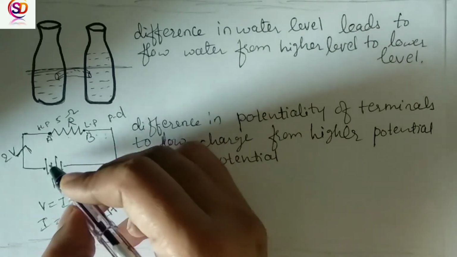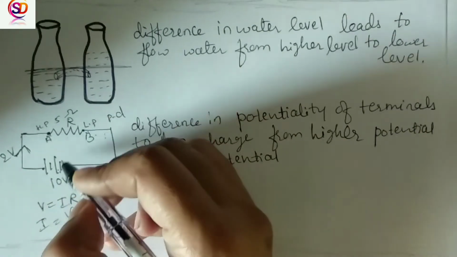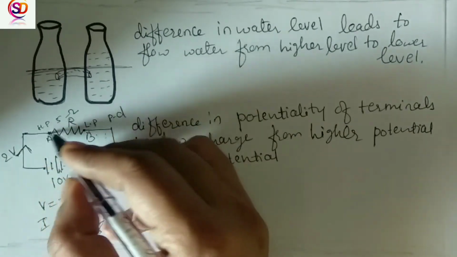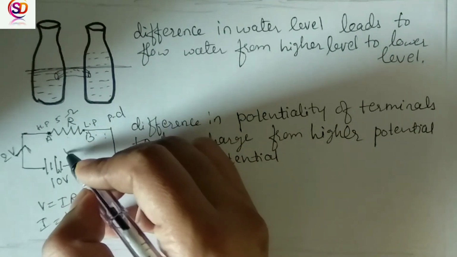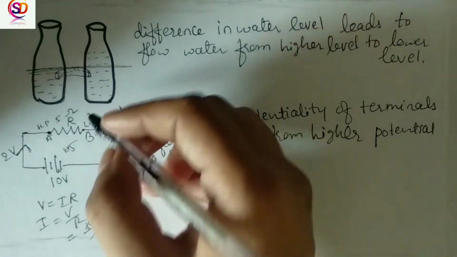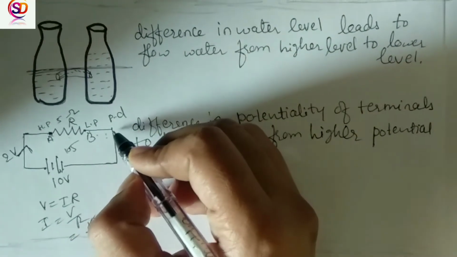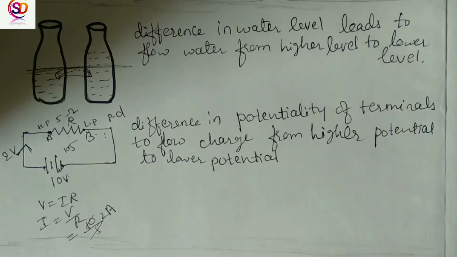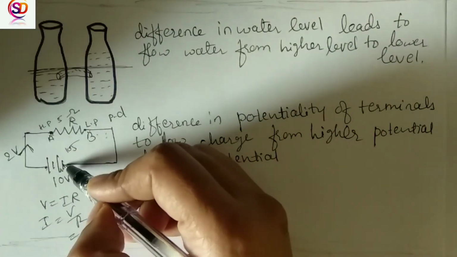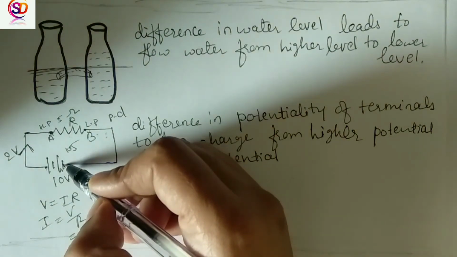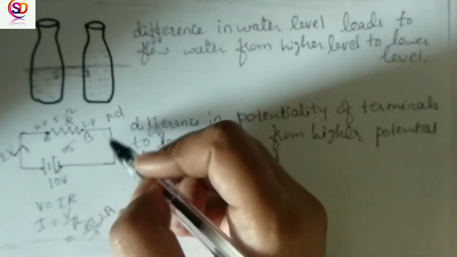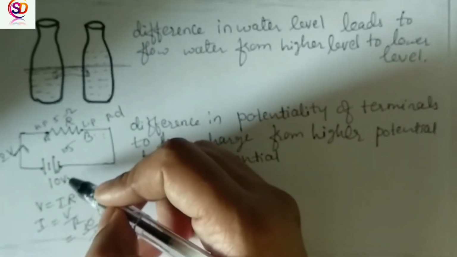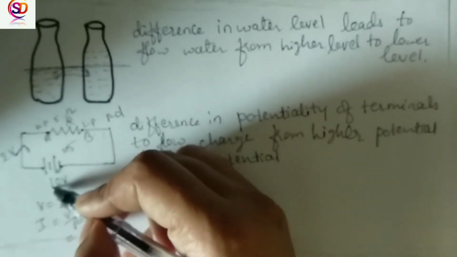Suppose the energy taken from this battery by the charge traveling across this circuit is 10 joule. Once it crosses everything and completes the travel through the whole circuit and reaches the negative terminal of the battery, the Coulomb charge has lost almost all the energy gained from the cell.